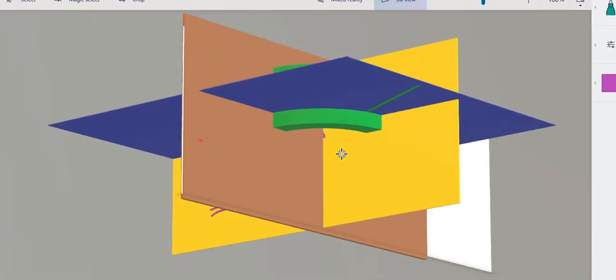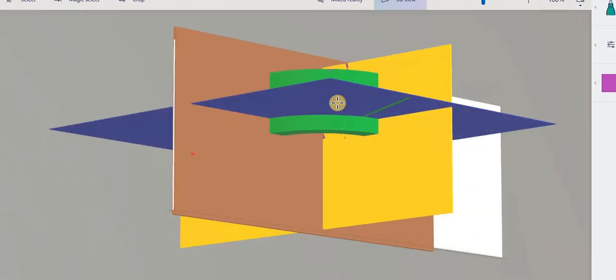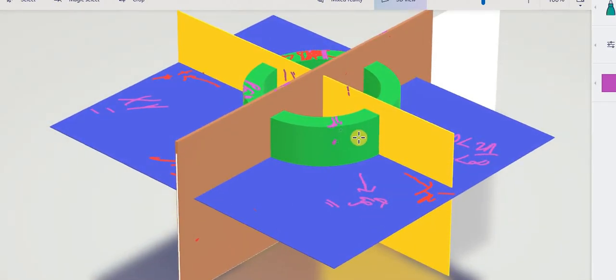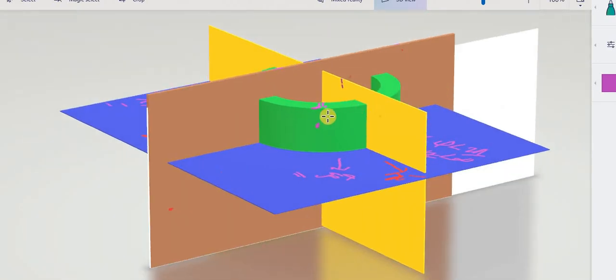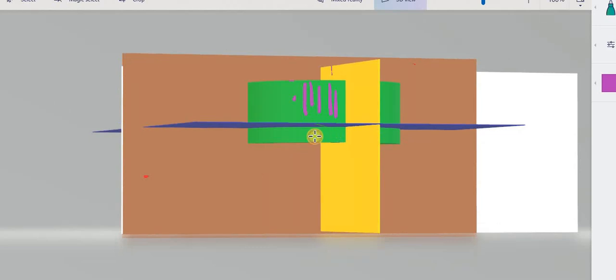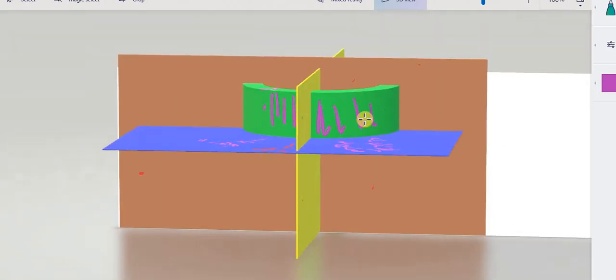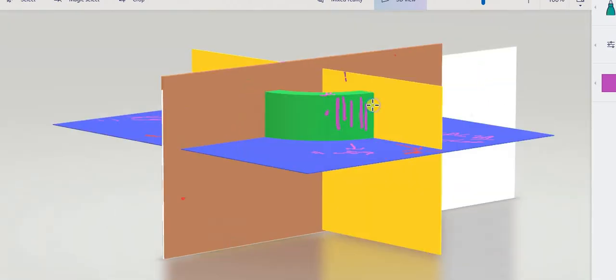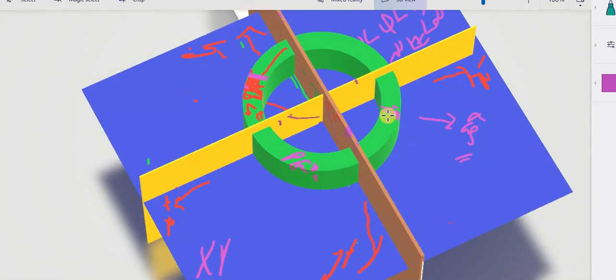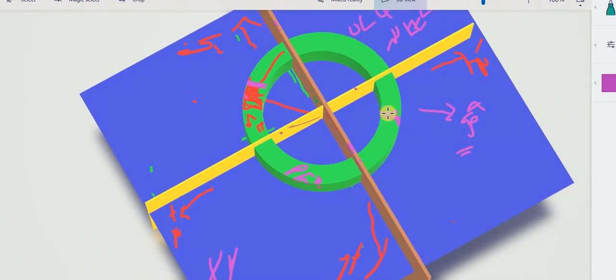Suppose z is finite, from here to here. Then the surface is this one, and the direction of this surface will obviously be normal to that surface.